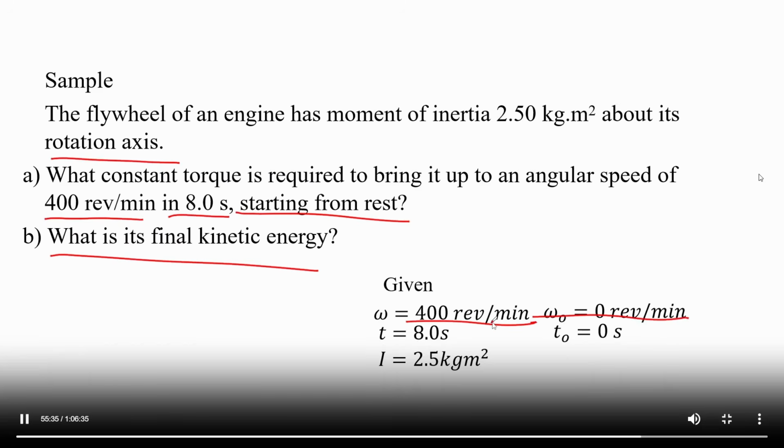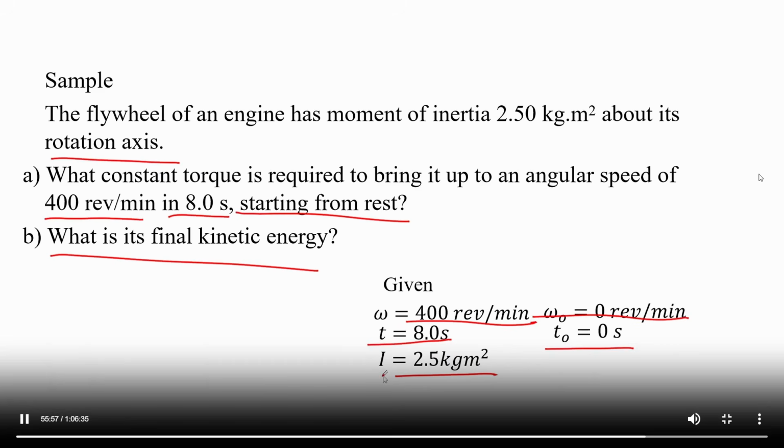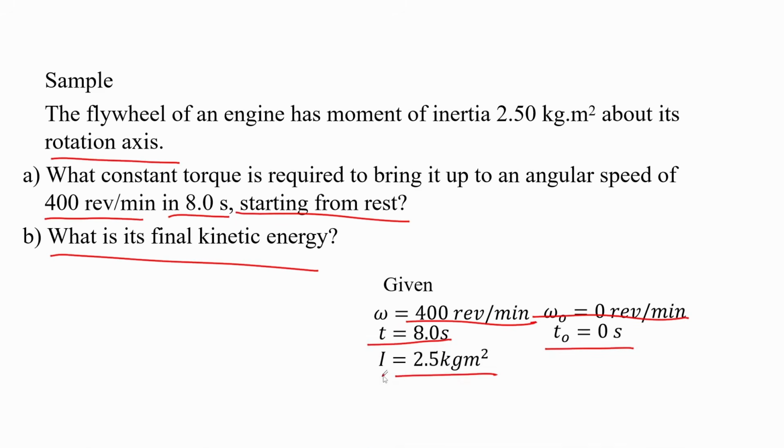The starting point is at rest, so the initial angular velocity is 0 rev per minute. The initial time is 0, and the later time is 8 seconds, to achieve 400 rev per minute, with a moment of inertia of 2.5 kilogram meter squared. Okay, let's go.